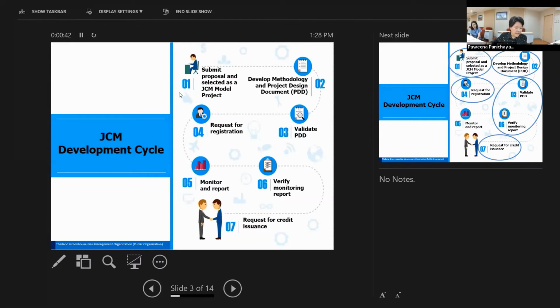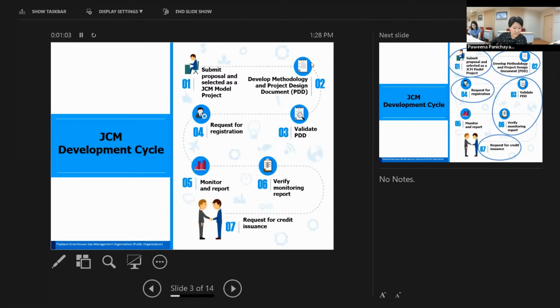Firstly, we have the GSM model project. After that, every model project must have an eligible methodology that they can use to calculate the greenhouse gas emission reduction, and they must prepare the project design document or PDD.